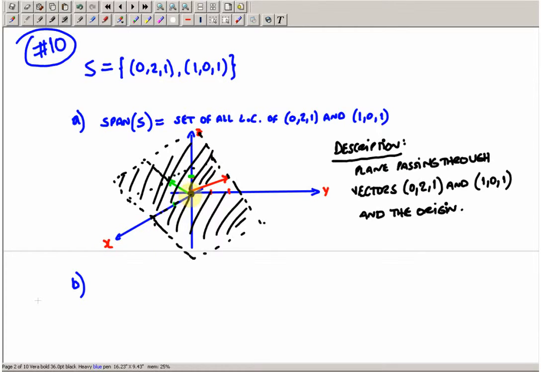If it's on the plane, then the span of those three vectors will still be the same plane. So we need a third vector that is not on the plane.